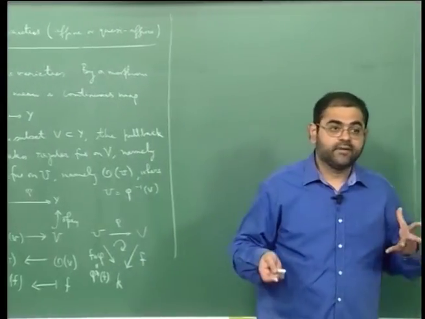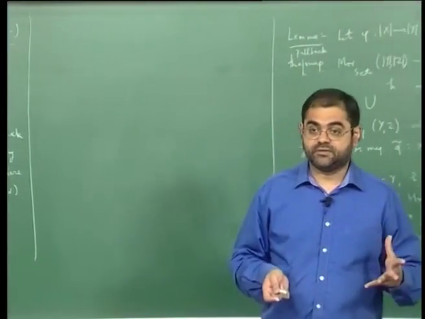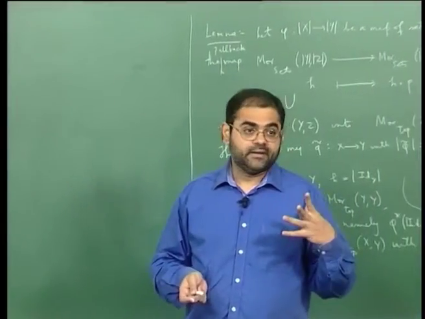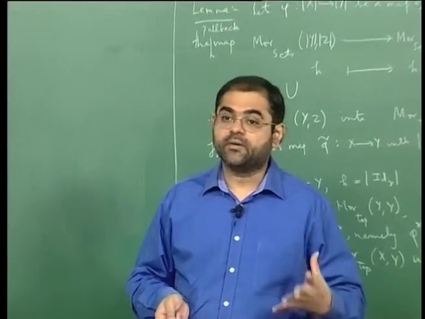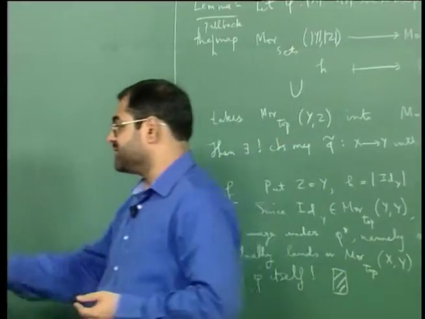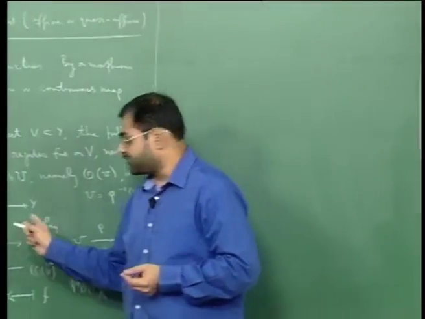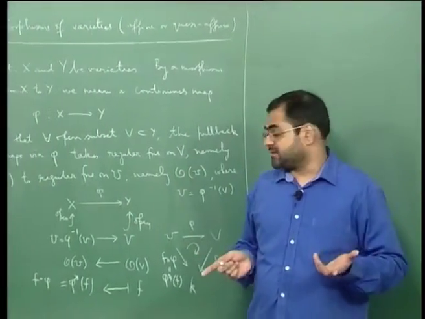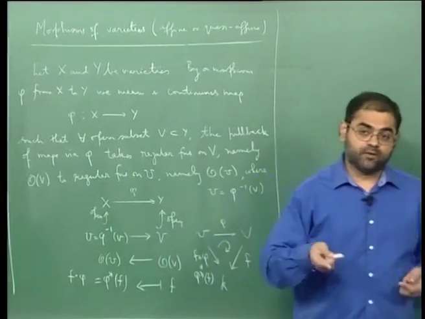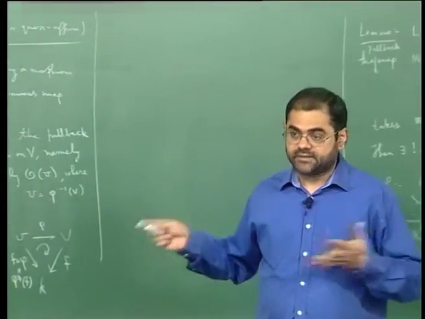It has to be more. It has to be itself a regular function, namely it has to be locally given by quotients of polynomials. So the philosophy is that a map of varieties is a map which is continuous and which pulls back good functions to good functions, and the good functions here are regular functions.